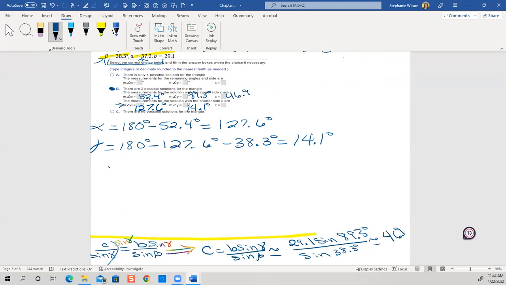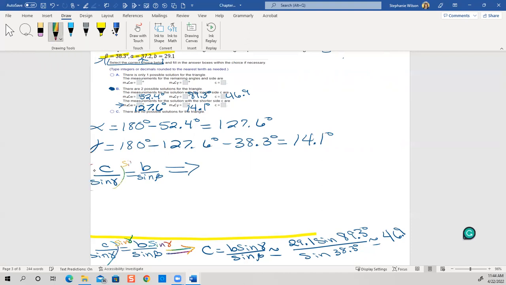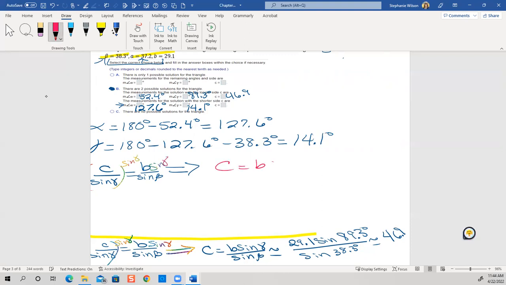Now let's find C. That's the side we're missing of the second triangle. So I know C divided by sine of gamma is equal to, and let's use the B over sine of beta because it's our original. And we're going to solve for C by multiplying everything by the denominator. And now let's rewrite it and plug in what we know. C is equal to B sine of gamma divided by sine of beta.